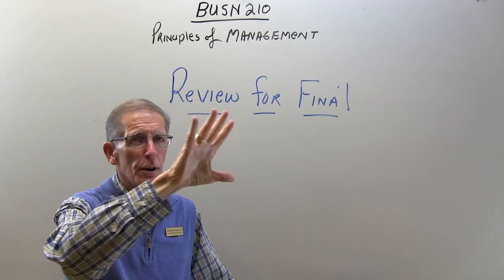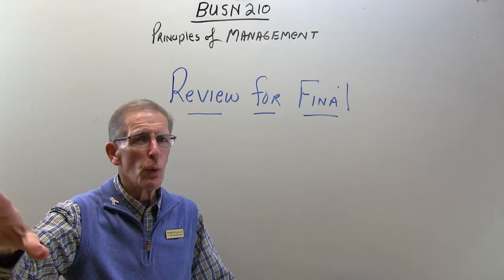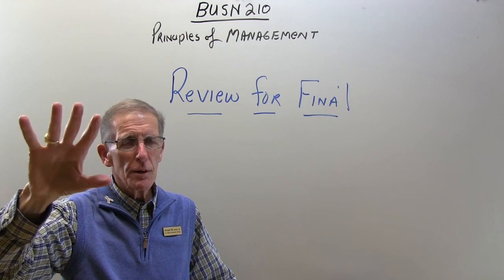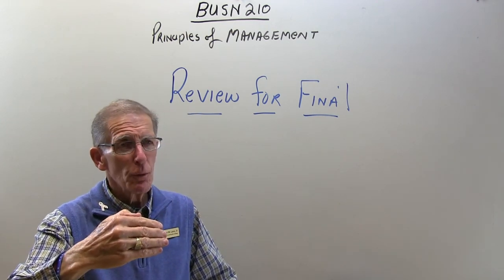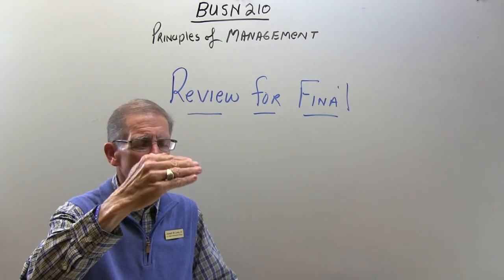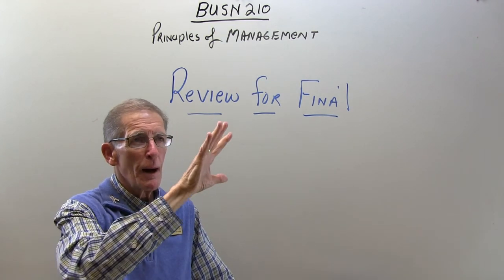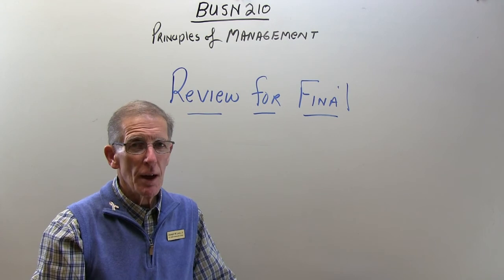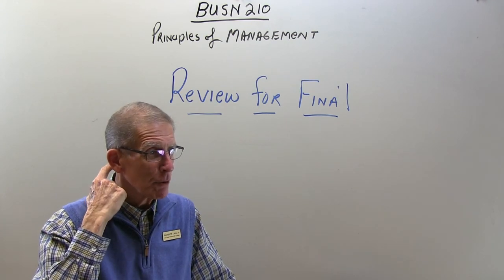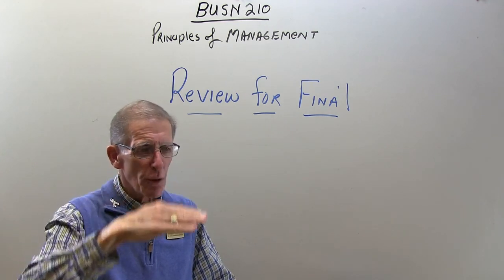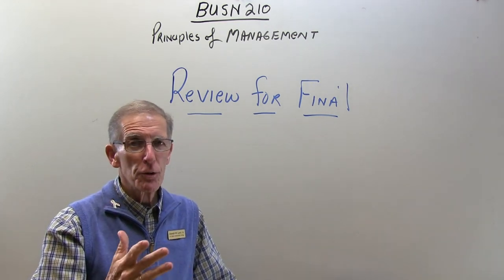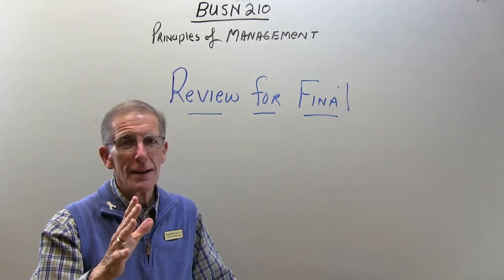Find 3 different articles, 3 different sources. Read those sources and do a 3-page summary. Don't copy the articles. Do a 3-page summary of what you found by going to those 3 different sources. Now the book cannot be one of those sources. It has to be 3 outside sources. So 3 sources, 3 pages. That's worth 60 points. Make sure you do that and get that in by the deadline.